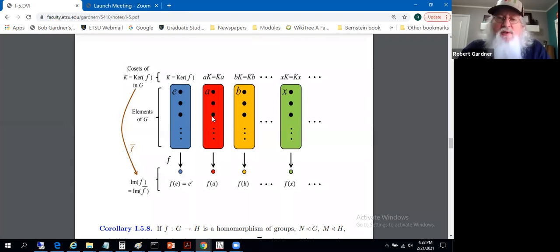So the canonical epimorphism will produce from any of these the same left coset.